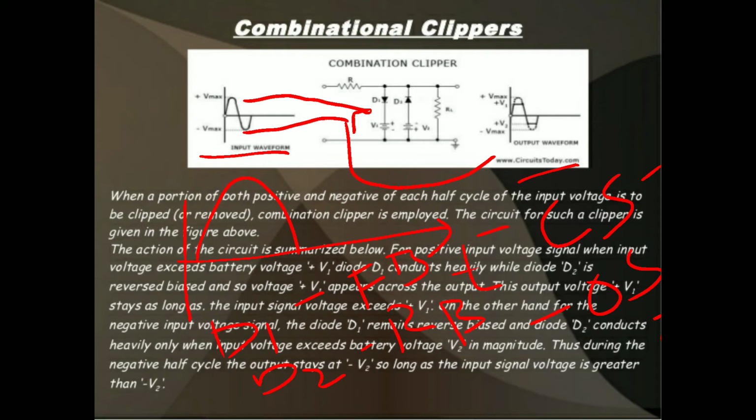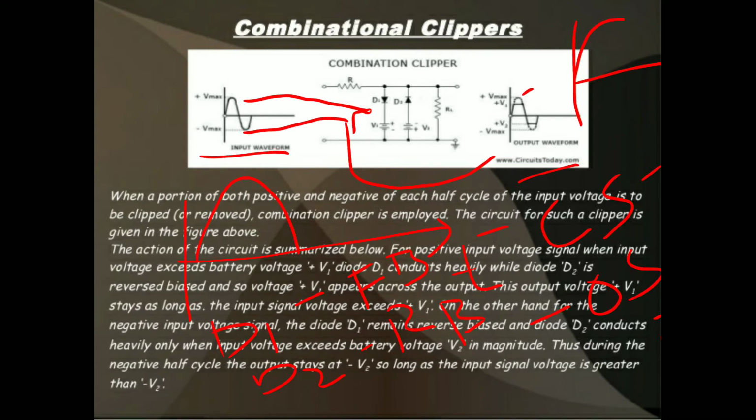If the input exceeds the reference voltage, that reference voltage will appear at the output. If the input is the same as the reference voltage, the same output will be obtained. So this is the output. Here the above peak is clipped off because the input is greater than the battery voltage, that is the reference voltage.